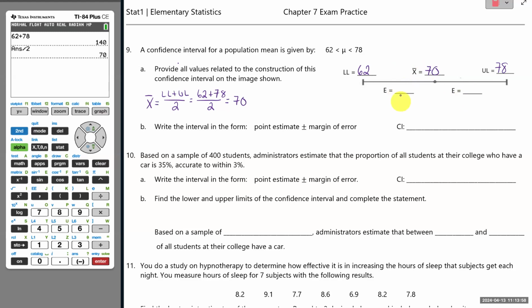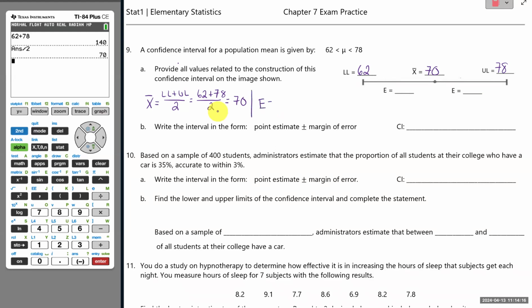And then to find the margin of error in the confidence interval, we could just look at this difference. So 70 to 78 is a difference of 8. And this difference, 62 to 70, is a difference of 8. So margin of error is 8. You could also find it using the formula.